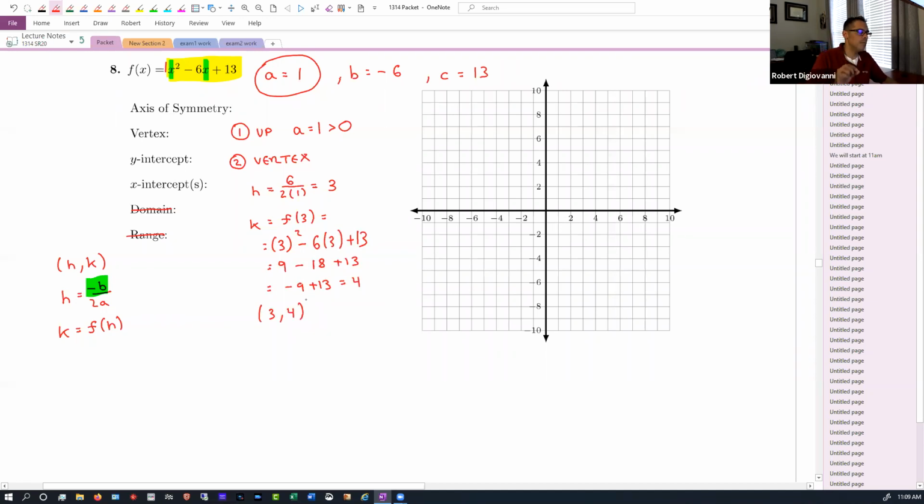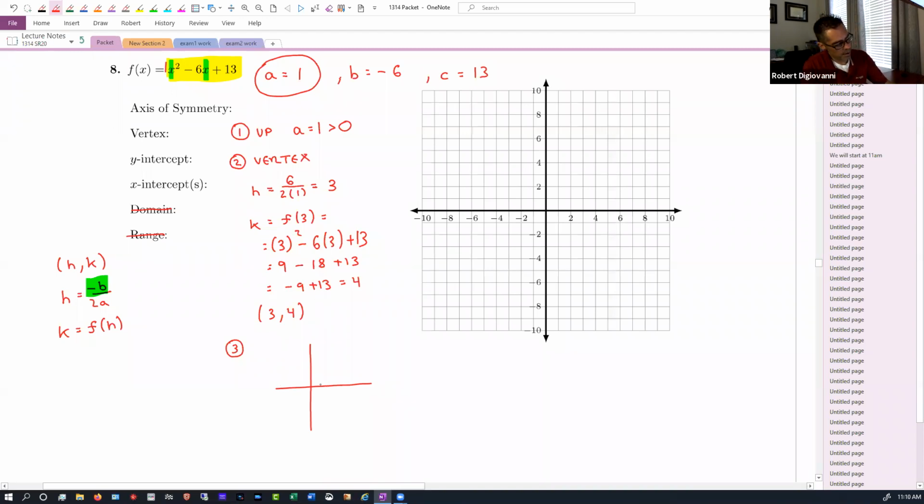And that will represent the lowest point on the graph because our parabola opens up, we know it's going to be at the bottom. So step 3 is to do a quick sketch. And what we're trying to do here is use the vertex to determine whether or not we have x-intercepts or not.